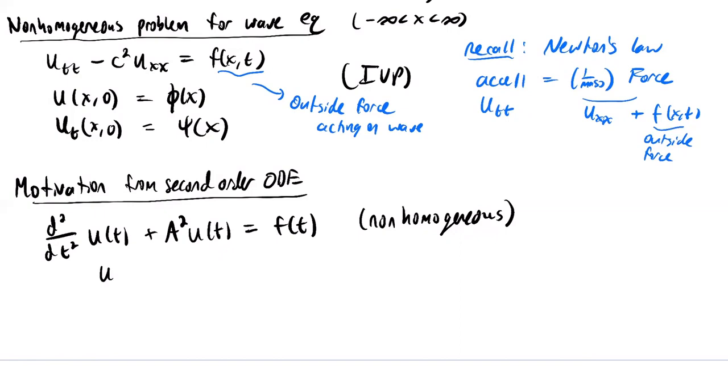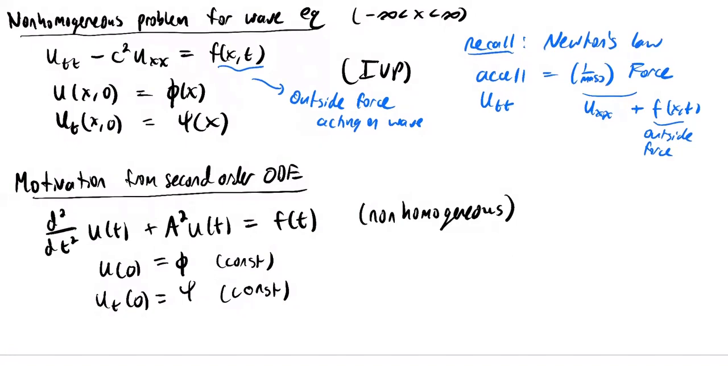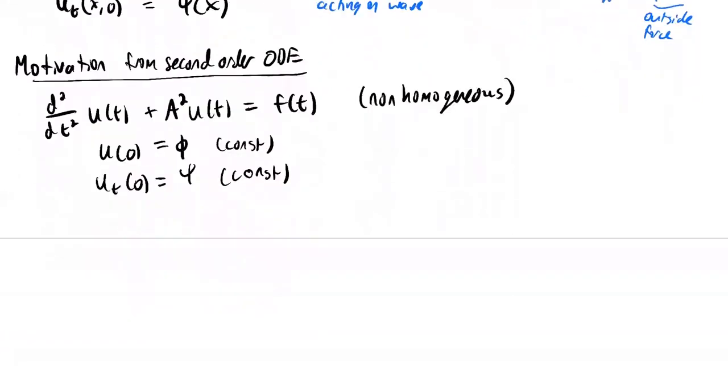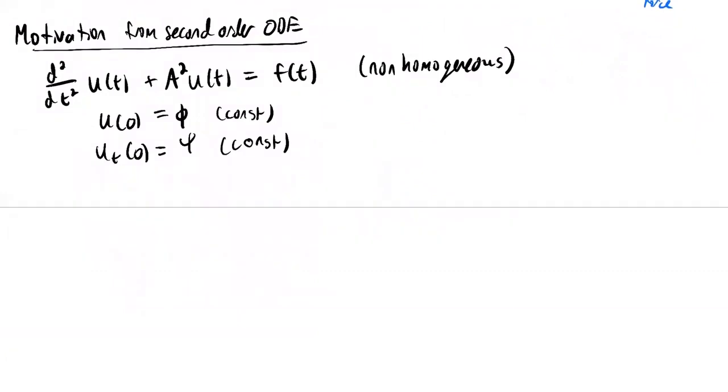So we're going to assume that u of 0 is equal to phi, which in this case will be some constant, and the initial velocity at time 0 is equal to some other constant c. I'm not going to review completely how to solve this. I'm just going to write down what the solution is. Again, if you took a class in ordinary differential equations, you've probably seen this formula before at some point, although you may not remember it. And so, what is the solution?